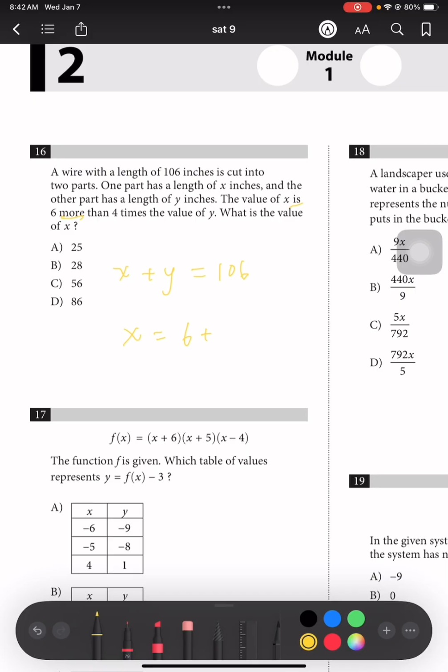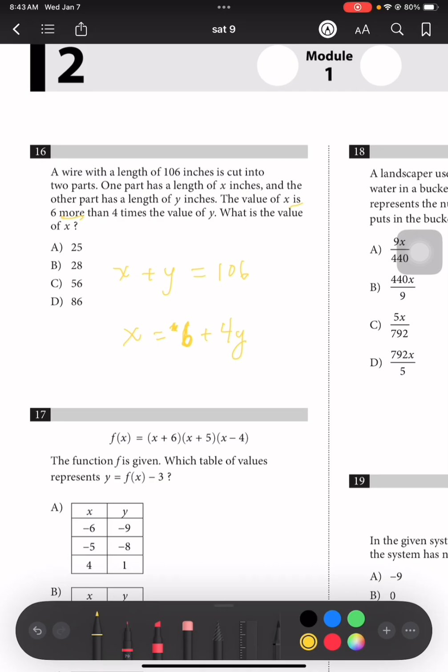That's a positive 6 here, even though I didn't write that there. It's not a negative 6. I don't need to write that because by convention we all know that's a positive. What's the value of x?